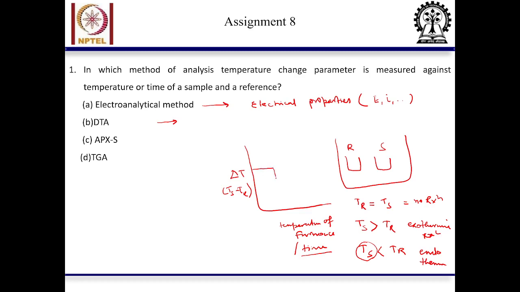If something is happening, either TS minus TR will go down, or it can go up. So here TS minus TR is negative. This is the endothermic reaction, and this is the exothermic reaction. So these are the two kinds of plots we will see in the later quiz.